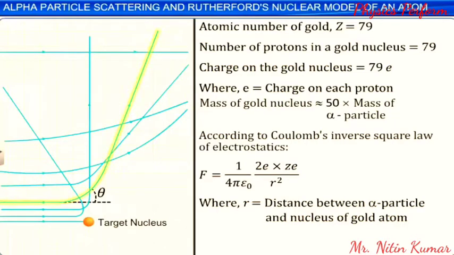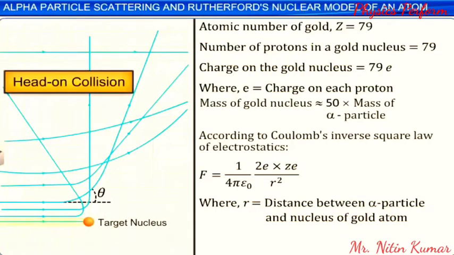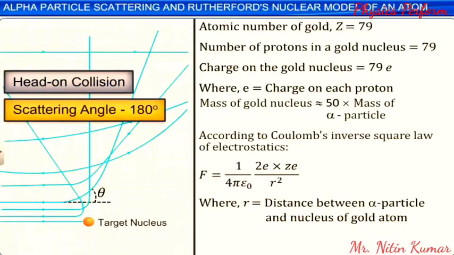If the alpha particles are directed in the same line as the gold nucleus, then they undergo a head-on collision, in which case the impact parameter is the least and hence the scattering angle is approximately 180 degrees. Therefore, such alpha particles bounce back.